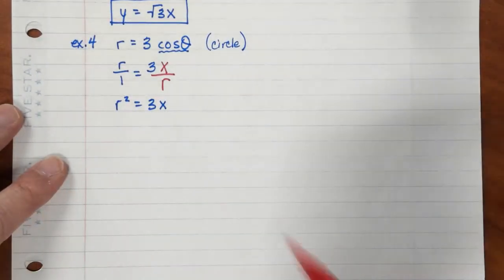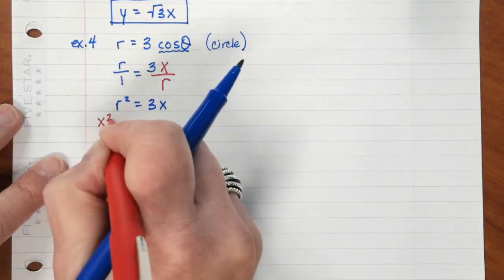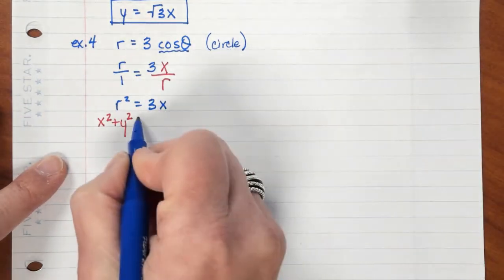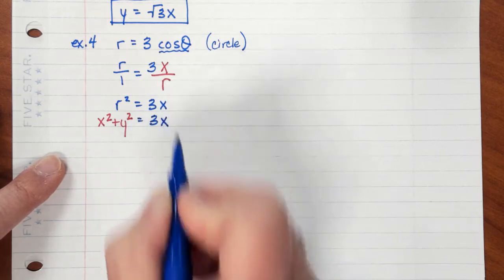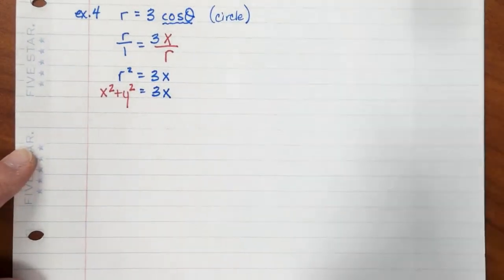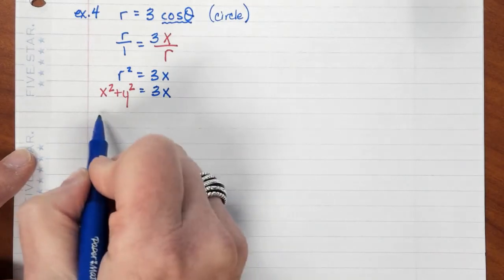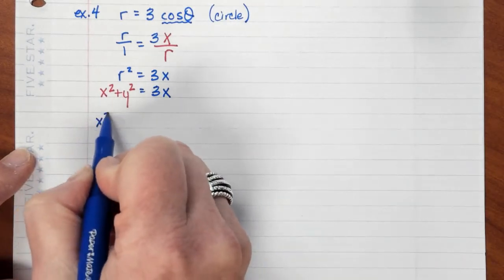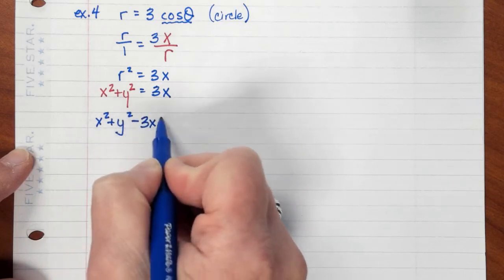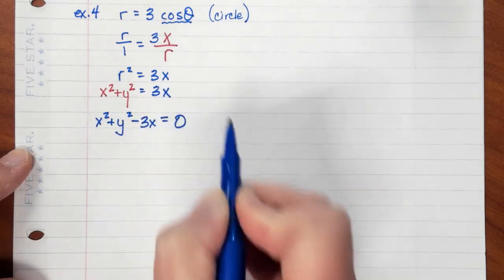So I'm going to make that substitution, x squared plus y squared equals 3x. You're going to get everything on one side of the equal sign. So we have x squared plus y squared minus 3x equals 0.